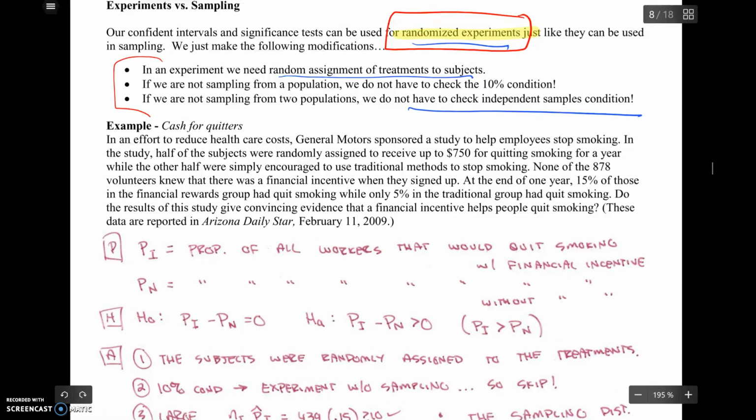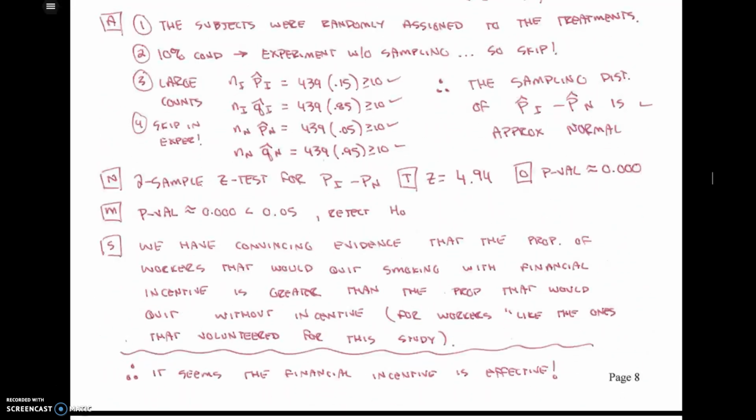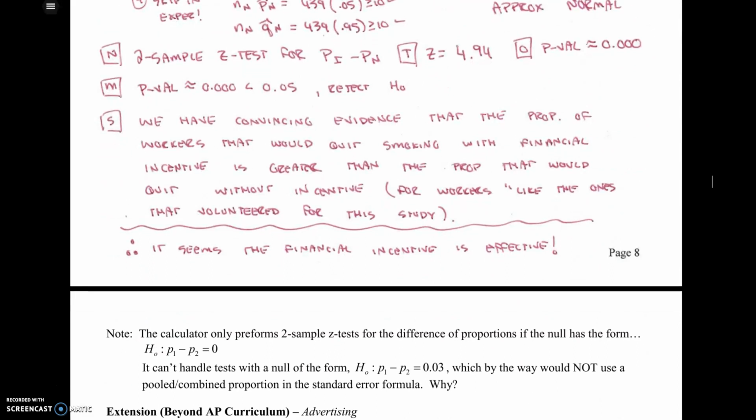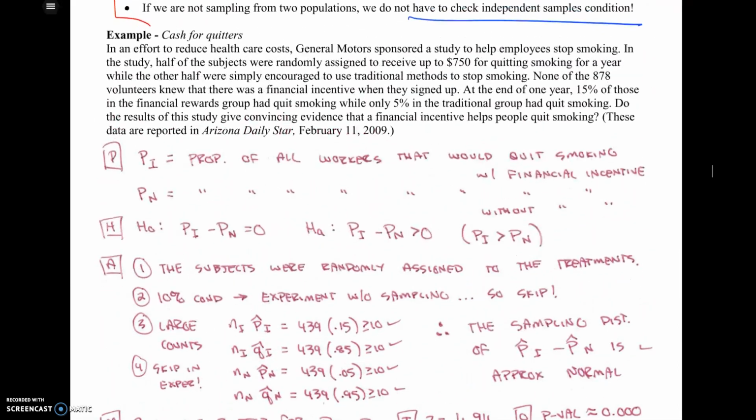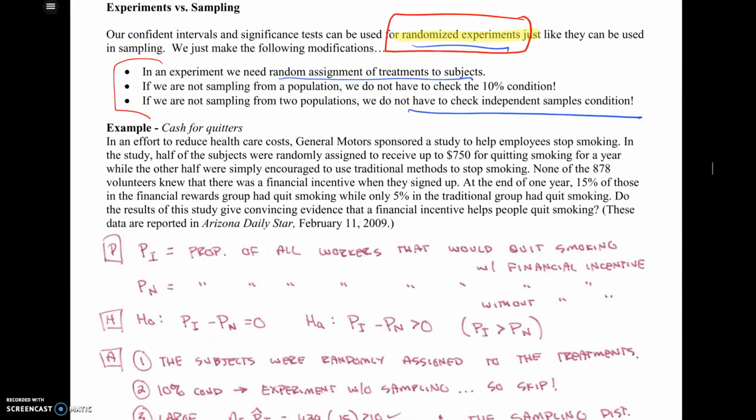Okay. So here's another example already done for us. We're going to go through it really quickly, but it's an experiment instead of a sampling situation. I'll also remind you that you should always think about your scope of inference. That's something we covered earlier in the year. If you do good random sampling, then you can generalize to a population.